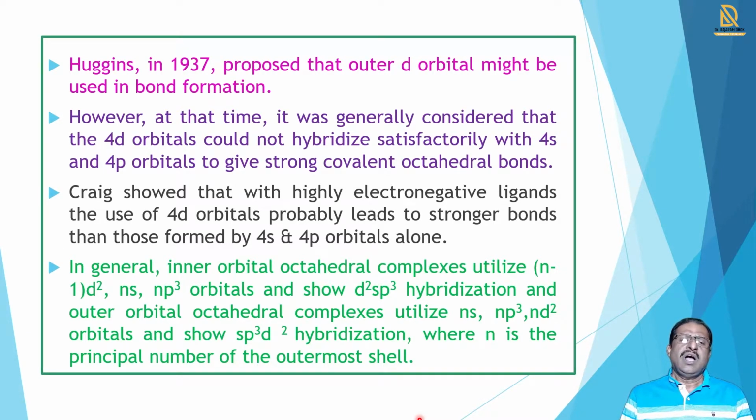Huggins in 1937 proposed that outer d orbitals might be used in bond formation. However, at that time, it was generally considered that the 4d orbitals could not hybridize satisfactorily with the 4s and 4p orbitals of the metal to give strong covalent octahedral bonds.